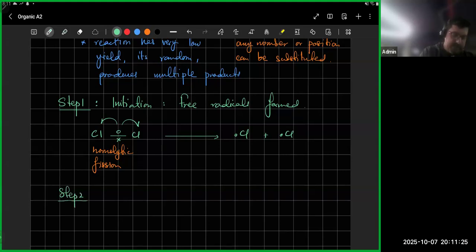So you start with step number two, and that's your propagation step, where one radical gets converted into another radical.